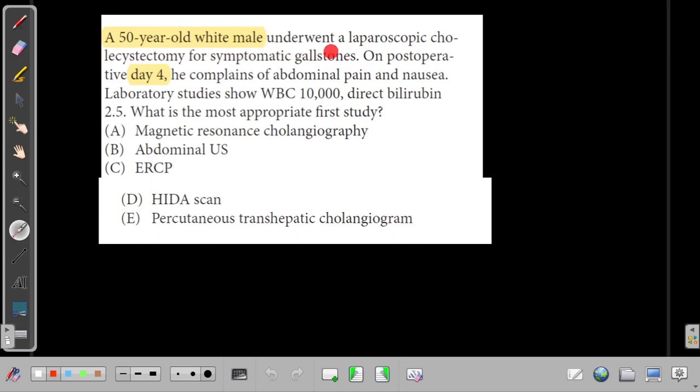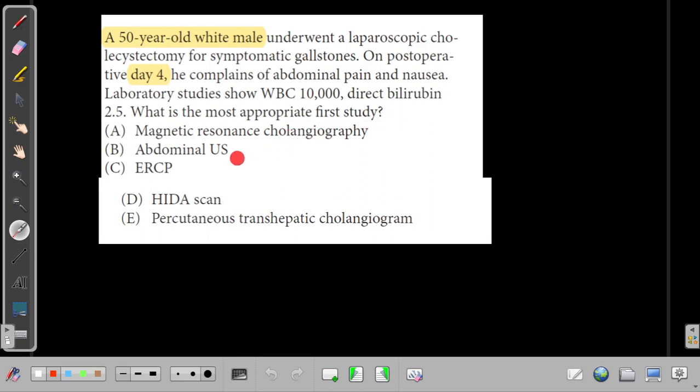A 50-year-old white male underwent lap chole for symptomatic gallstones. On postoperative day 4, he complains of pain and nausea. White blood cell count is 10,000, direct bilirubin is high. What is the most appropriate first study?